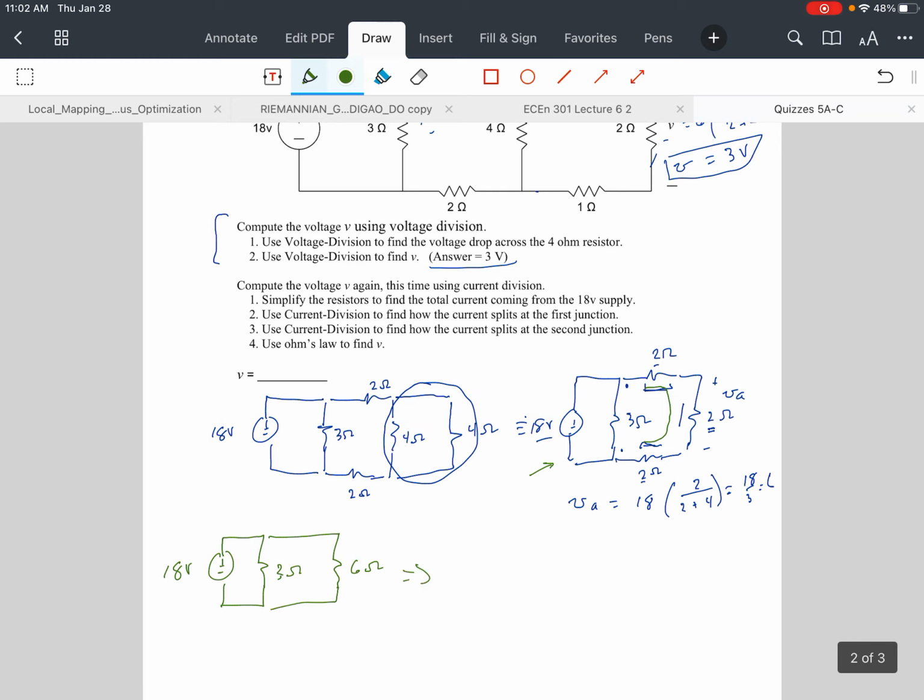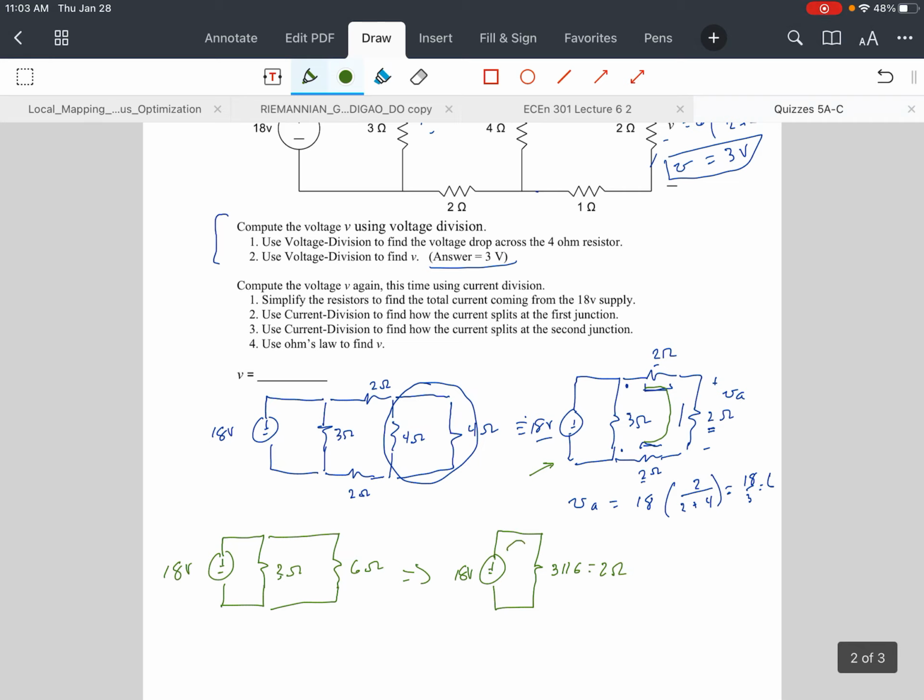Now I have an equivalent resistance that's 3 in parallel with 6. So I plug that in: 3 times 6 divided by 9, and we get 2 ohms.